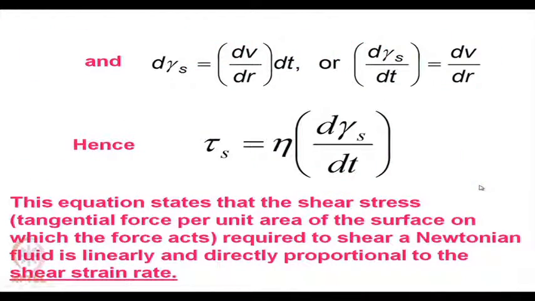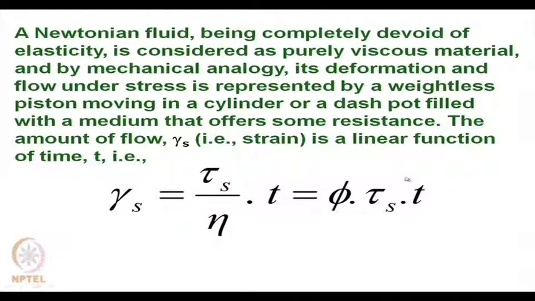That Newtonian fluid, without any component of solid, is considered a purely viscous material, and by mechanical analogy its deformation and flow under stress is represented by a weightless piston moving in a cylinder or a dashpot filled with a medium that offers some resistance.